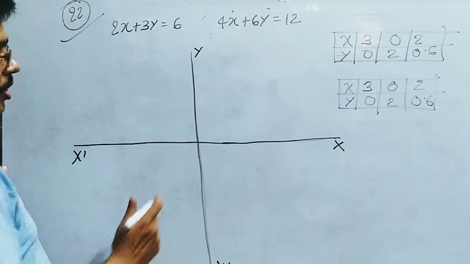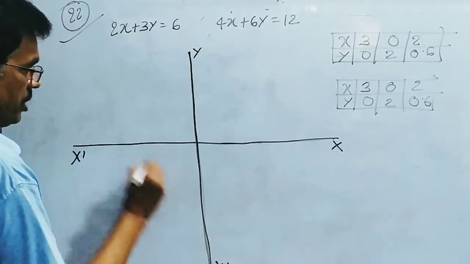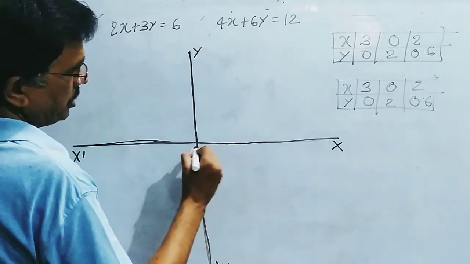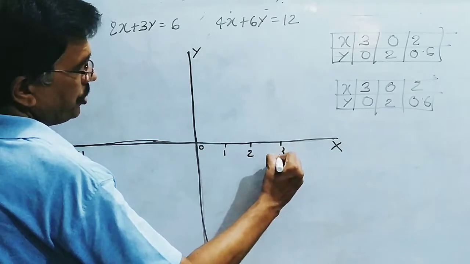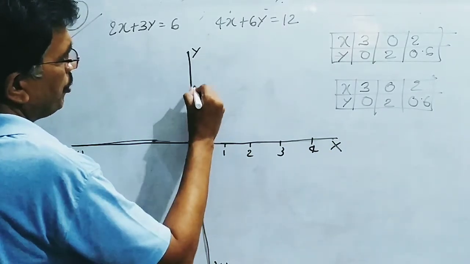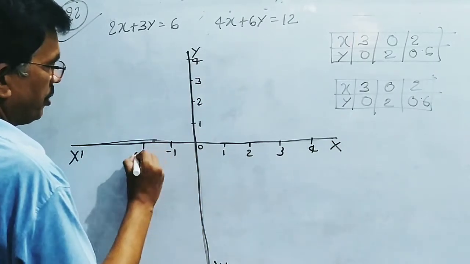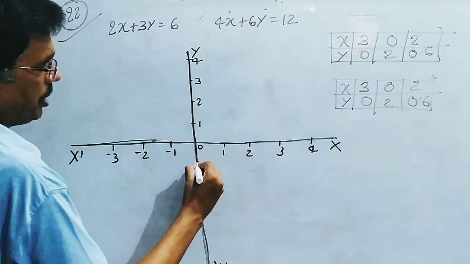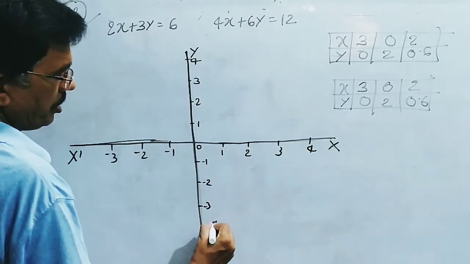Now, take two axes, that is one is y dash, another is x dash. Here is the origin. Take 1, 2, 3, 4 here, and 1, 2, 3, 4 here. Here is minus 1, minus 2, minus 3, and here is minus 1, minus 2, minus 3, minus 4.